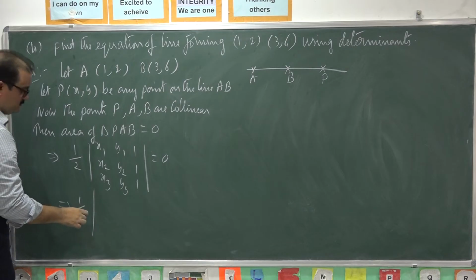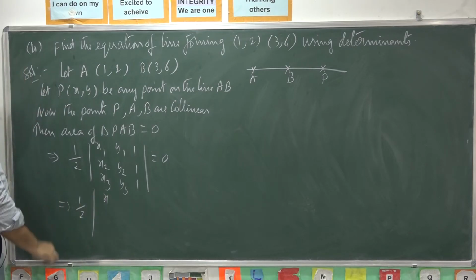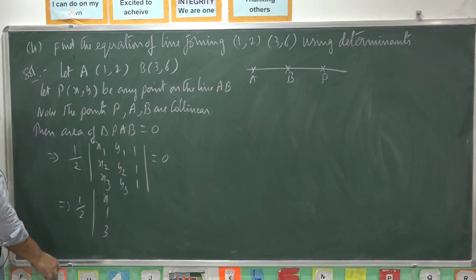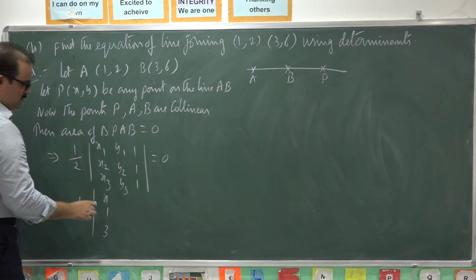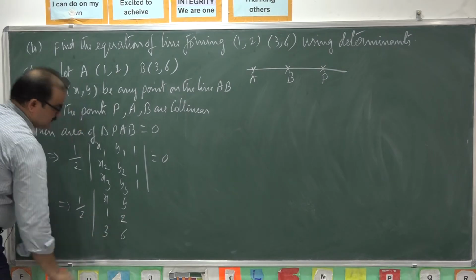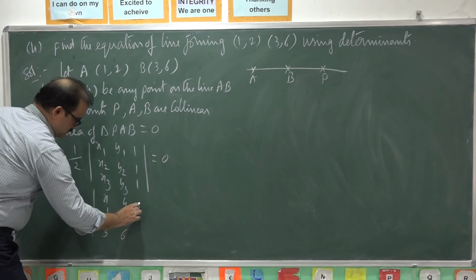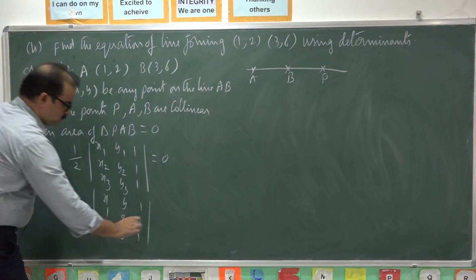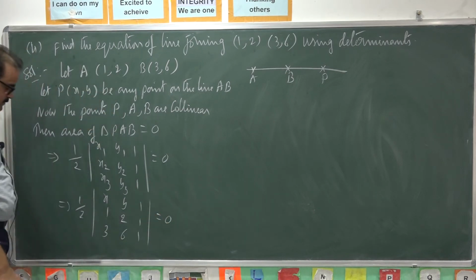In the first column we get x, 1, 3. In the second column we get y, 2, 6. Third column 1, 1, 1, that is equal to 0.